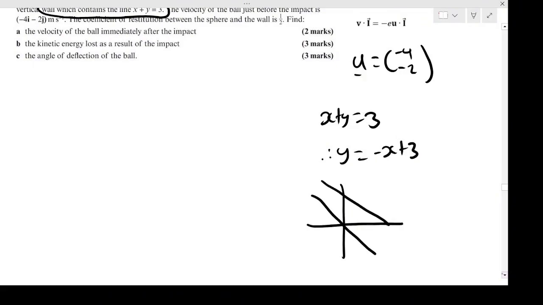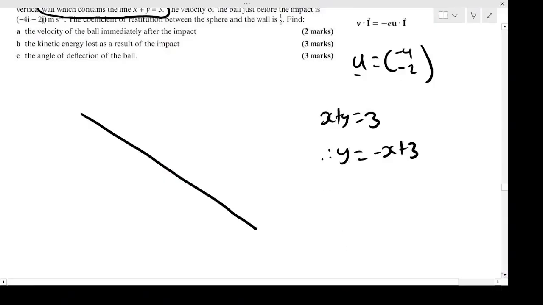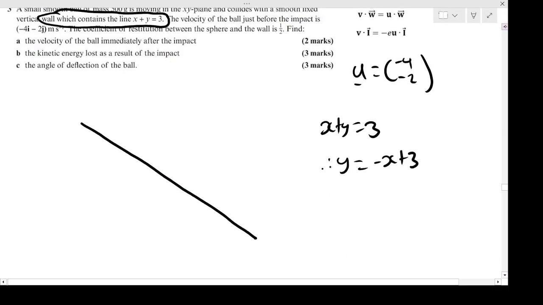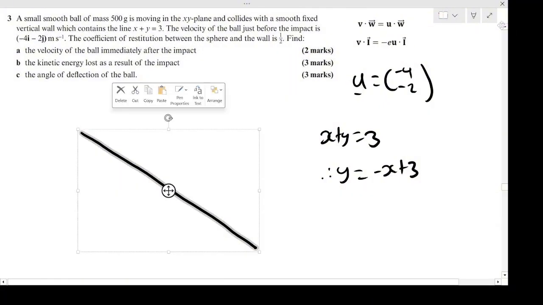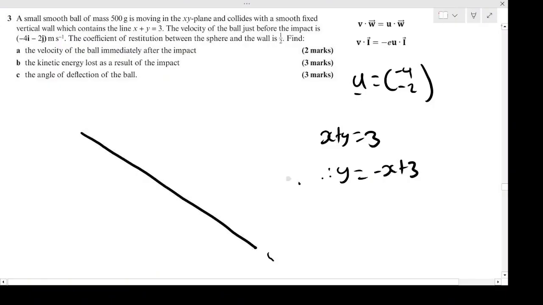So that's the direction the wall's going to look like. Again, it's quite funky, but if they give anything in Cartesian form like this, just work in the Cartesian form to visualize what it'll look like. But there we are.